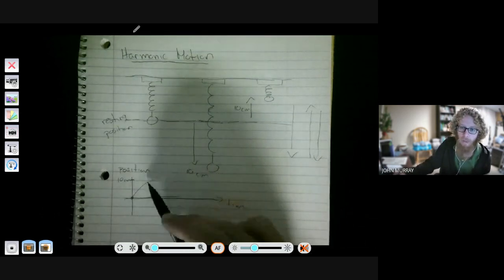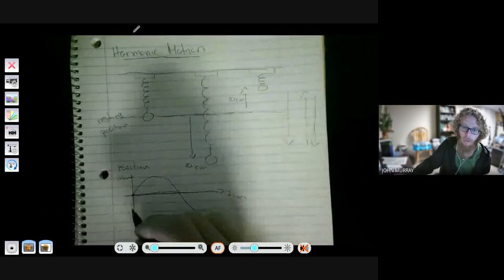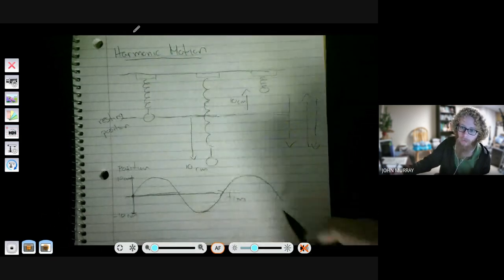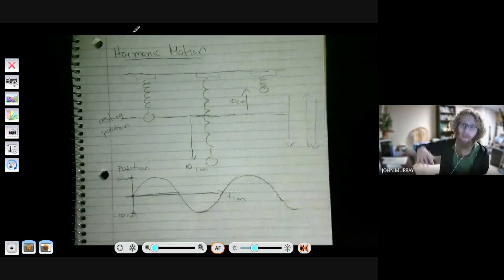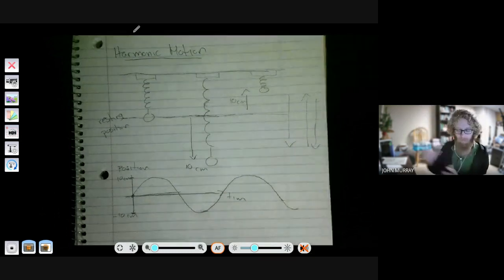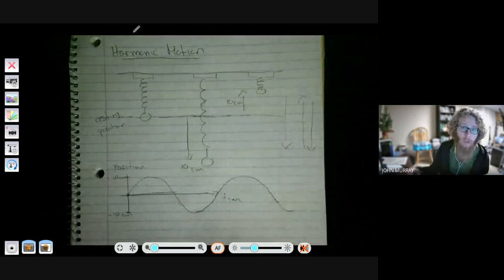And then we release it. It comes back to the center, and it goes back up 10 centimeters. And what do you know? We have a sine function, right? And in a perfect world, it'll keep bouncing up and down between 10 centimeters down and 10 centimeters up, and it'll do that forever, right? Which gives us our harmonic motion.